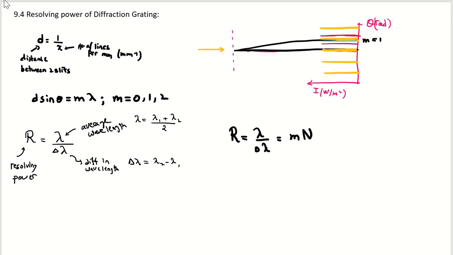N is the number of slits being illuminated. So if light is going through only 3 slits, let's say, then N will be 3, and so on. First, this is the order being observed.